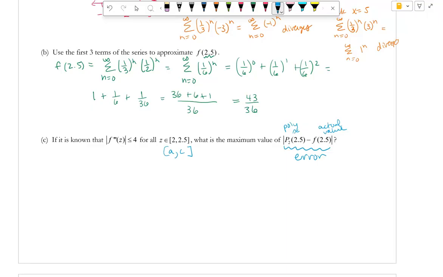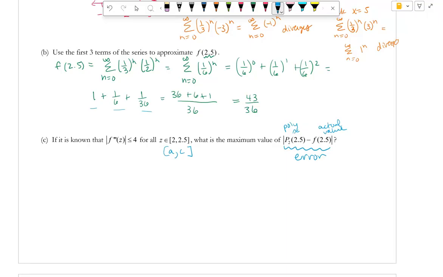So this is asking us for the maximum error, and we can see that this is not an alternating series. Our first three terms were 1, 1/6, and then 1 over 36. So our maximum error is going to be found using the first neglected term. When we found our approximation, we used n equals 0, n equals 1, and n equals 2.